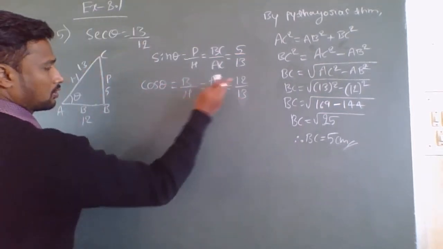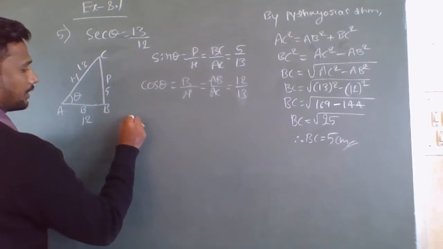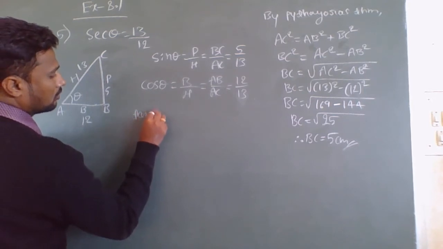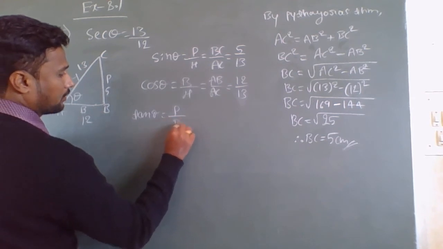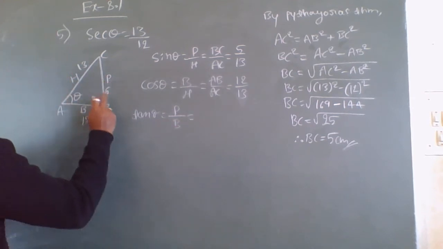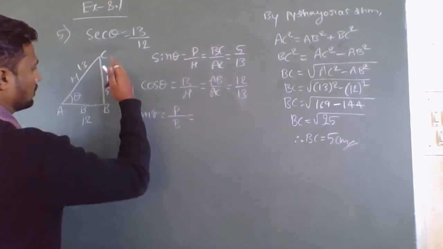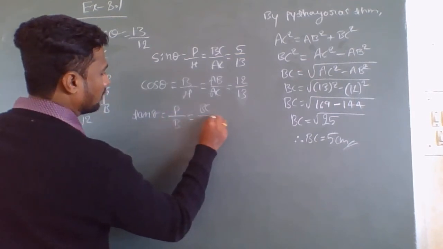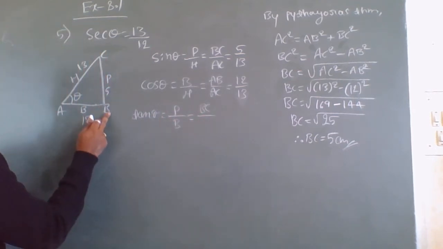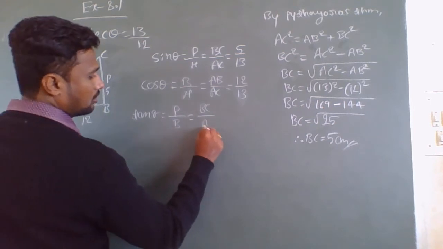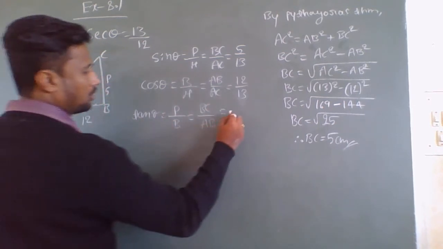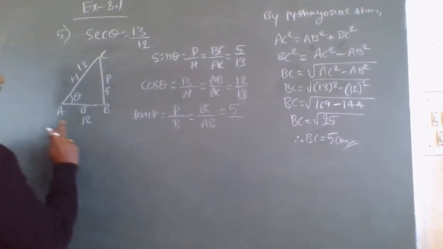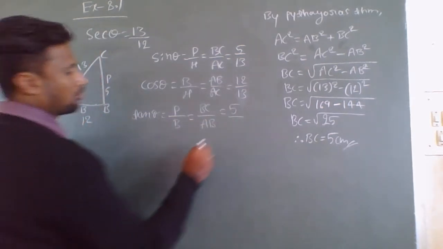So cos theta equals 12 by 13. Next, tan theta, which is perpendicular by base. Perpendicular is BC and base is AB, so BC is 5 centimeter and AB is 12 centimeter.